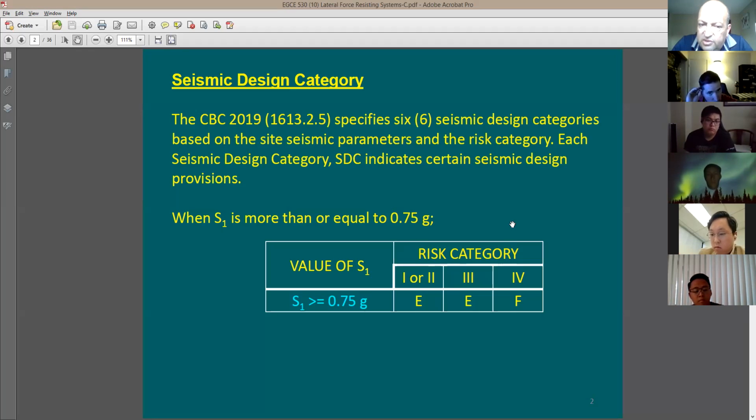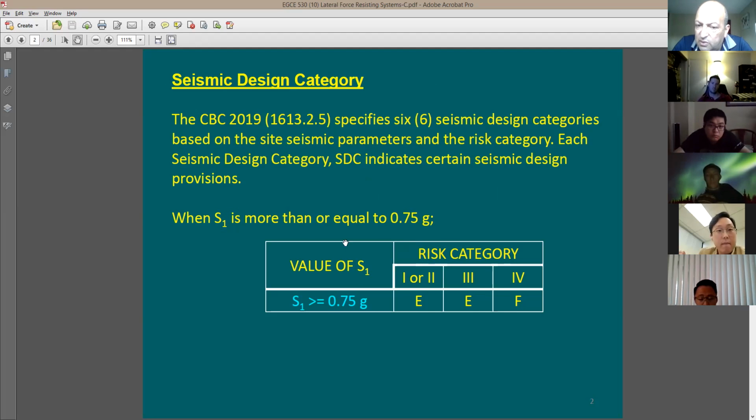The first test that you need to do here: if S1 is more than or equal to 0.75, you go through this. If your risk category is, let's say, 2, you're going to be seismic design category E, which means very high, meaning that this is going to be very dangerous. If you have an S1 more than 0.75 g, this means that you have a really high seismic zone. So this is going to be the first check, and we're going to do it here in order. Once you get E or F, you're done. If it is E here, no other checks are needed, because E and F are the highest.